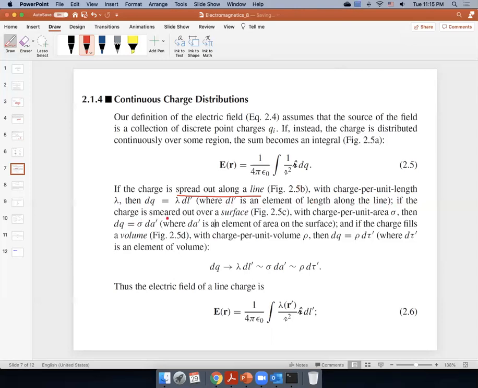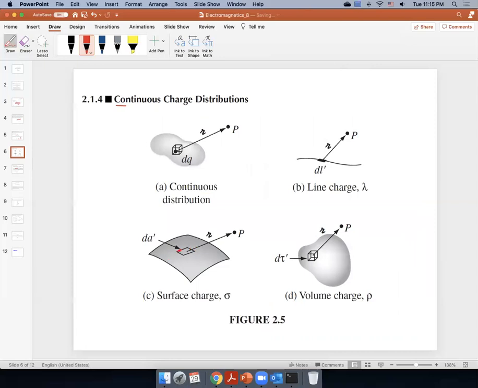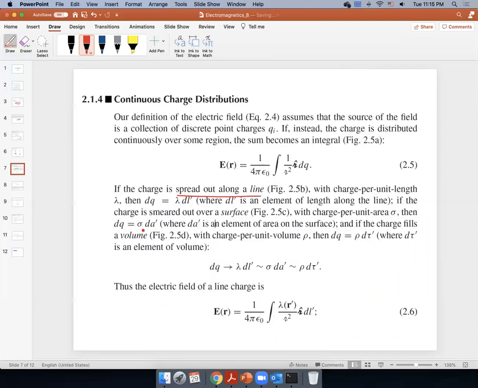If the charge is smeared over a surface, you can describe an infinitesimal patch of the surface as dA prime, and if the surface charge density is sigma, then dq equals sigma times dA prime.